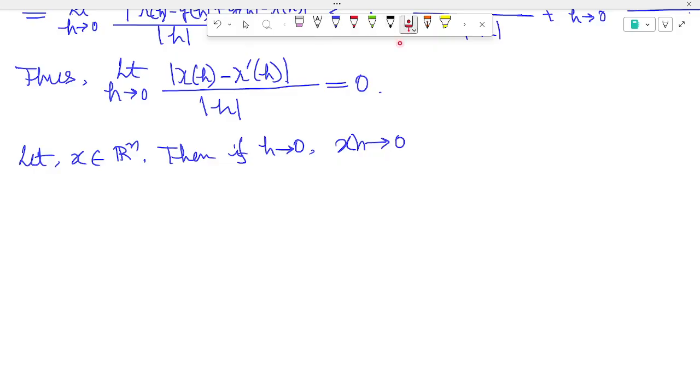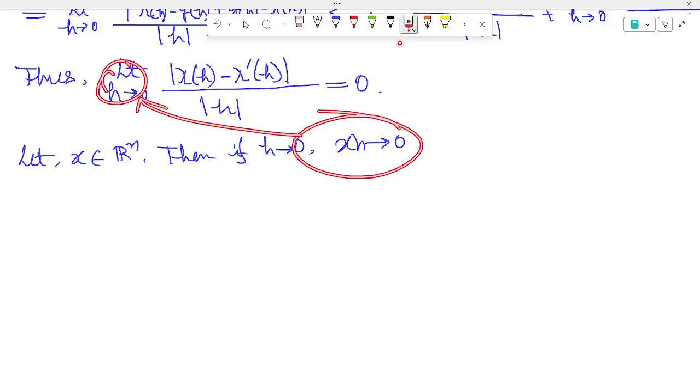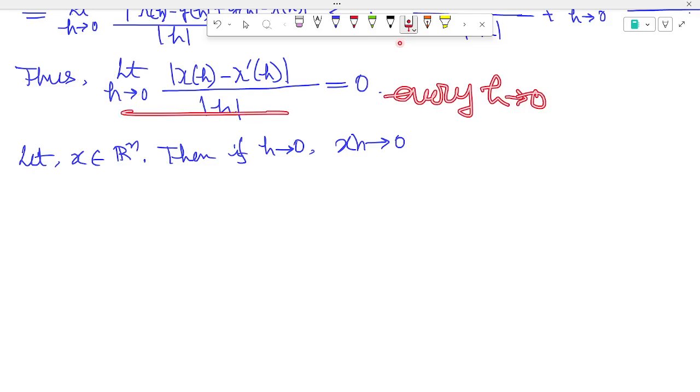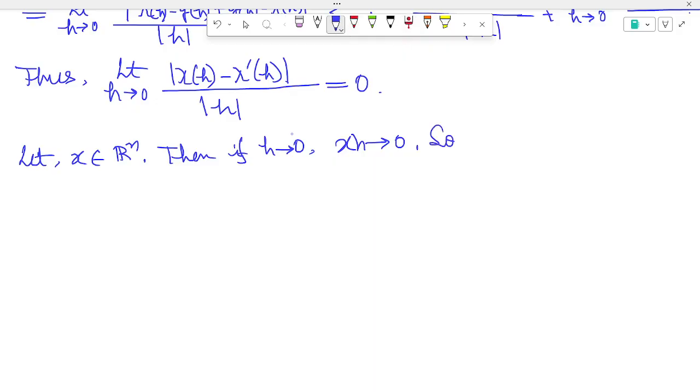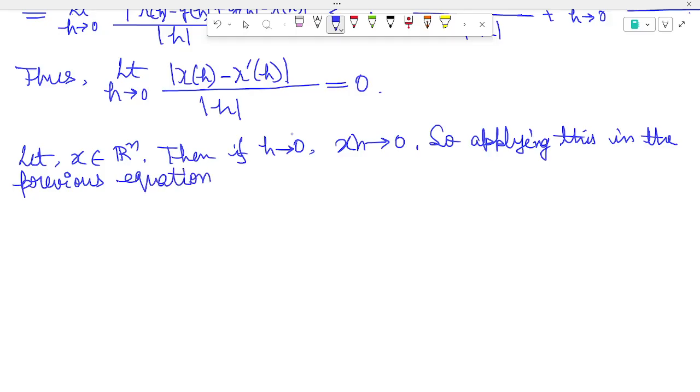Now I will replace h by t x, because that statement holds for every h tending to 0. Applying this in the previous equation, we get the limit.